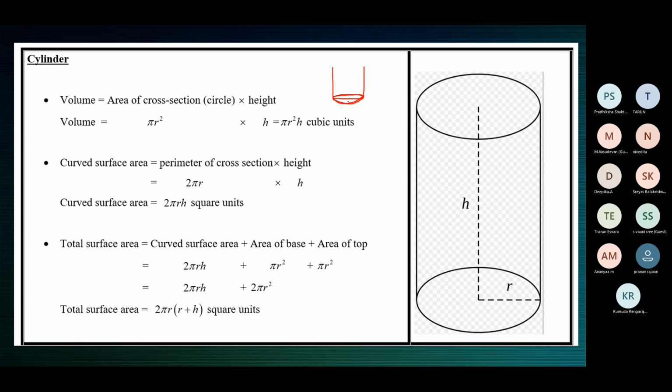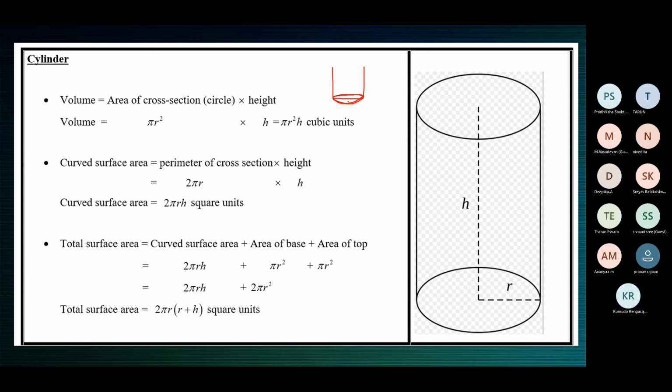But it's not covered. It's open. So if you have to paint it, there's no area to be painted there because it's open at the top. There is a circular portion, but it's open. So where will you paint? You will have to just paint in the air.